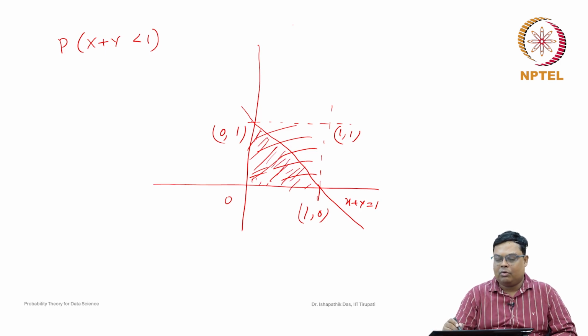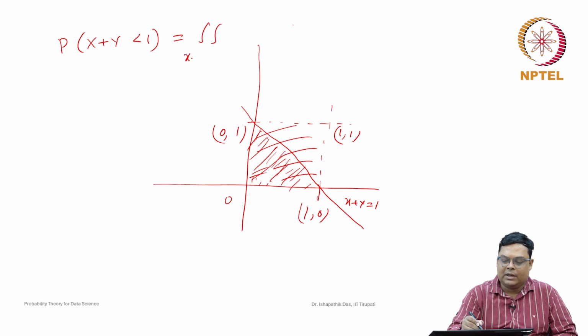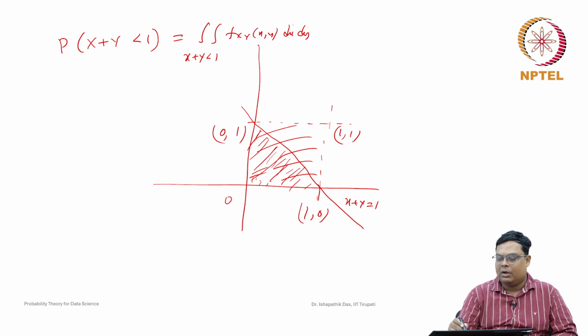So we have to find this probability as the integration over the region x plus y less than 1 of f_XY(x,y) dx dy. Because the density is not 4xy everywhere, only in the intersection of this region with the square is it 4xy, so we have to work that out.